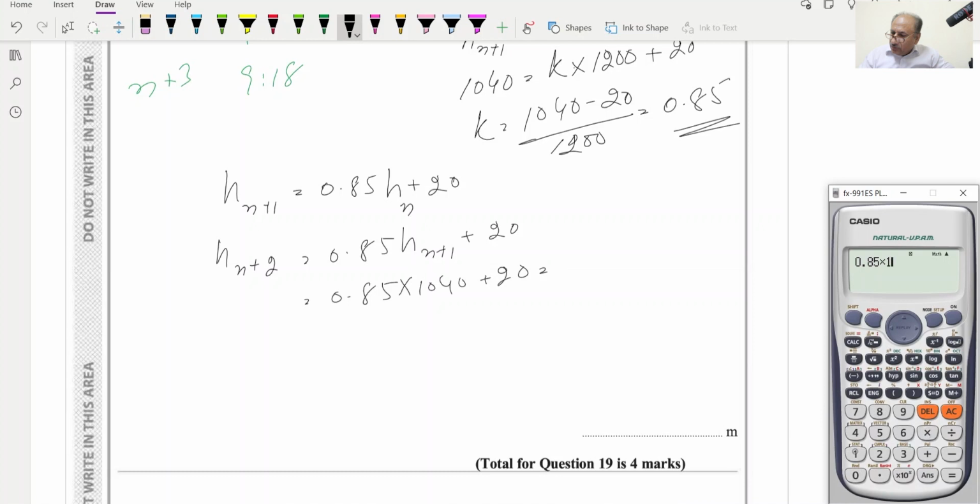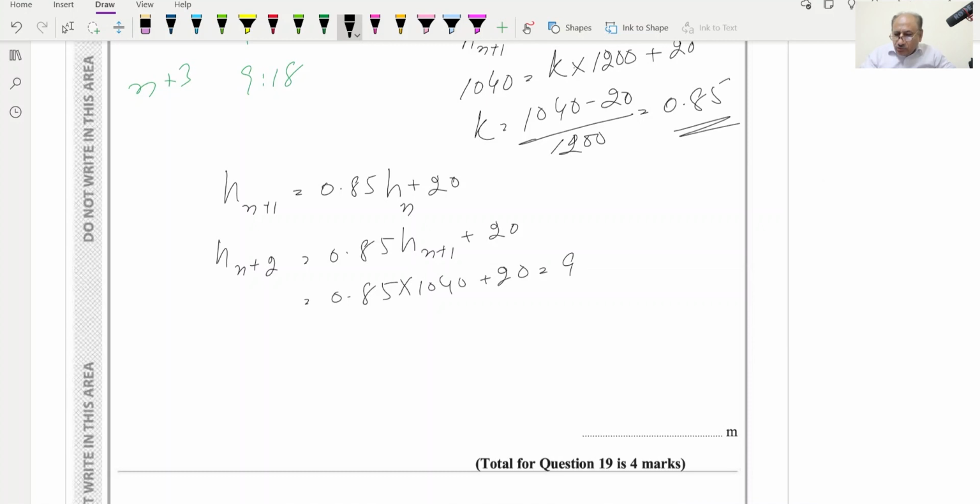This is 0.85 multiplied by 1040, plus 20, and this is equal to 904. So 904 is the h(n+2) value. Now we can write h(n+3), and this will be equal to 0.85 multiplied by h(n+2) plus 20, and now we will replace the h(n+2) value which we found, which is 904.